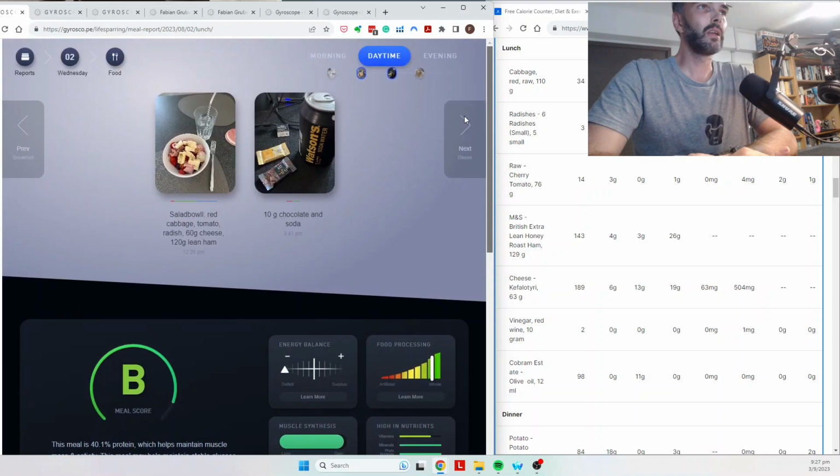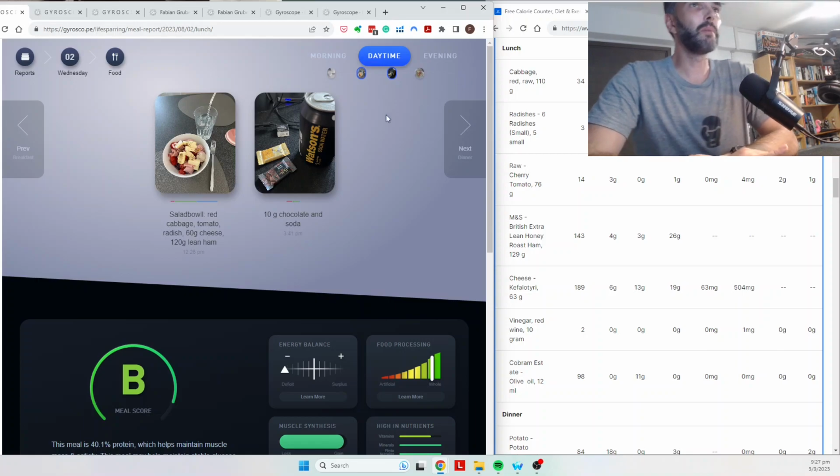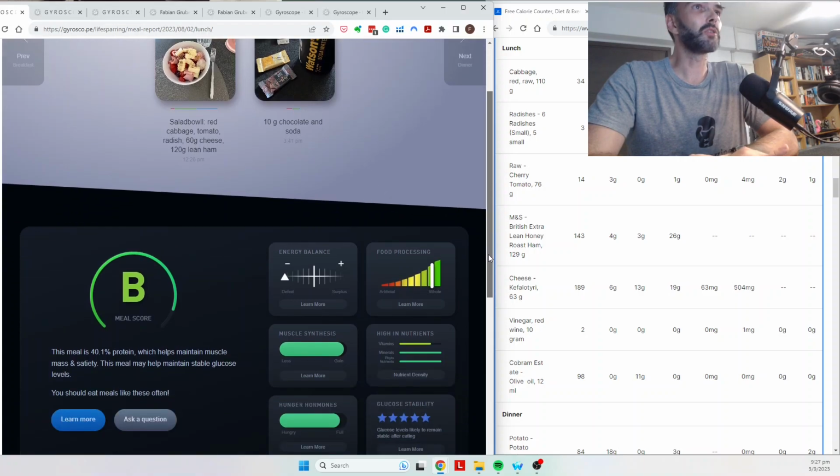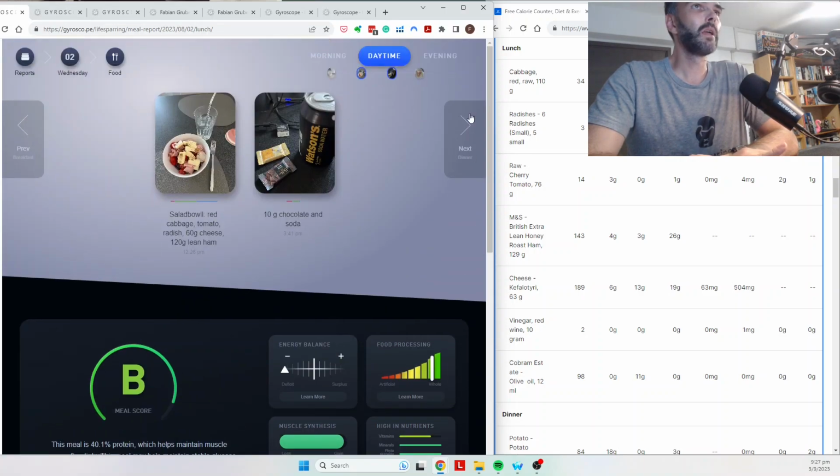And then there is actually a way to import the data from MyFitnessPal, but then why pay extra, right? Only to get this breakdown and the nice pictures. Why would I then pay $100 a month to get this, right? So this is of course a bit the issue, right?